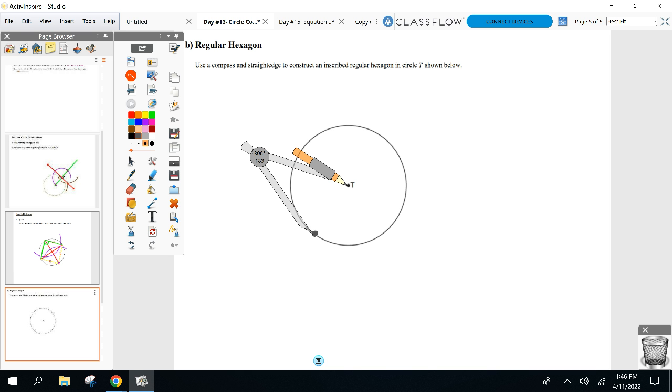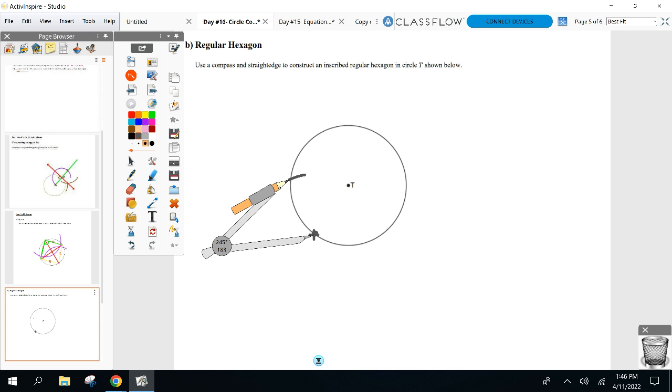And here's what we're going to do. We're going to go around the circle, making arcs that same length. So watch. If you haven't done so already, put your compass point on the point you made. Make an arc mark that goes through your circle. Now this arc is the same distance as the radius, right?